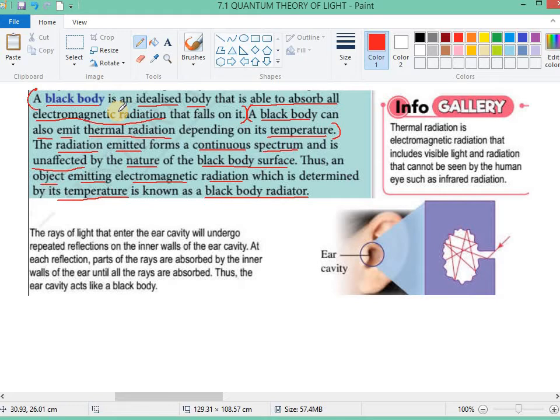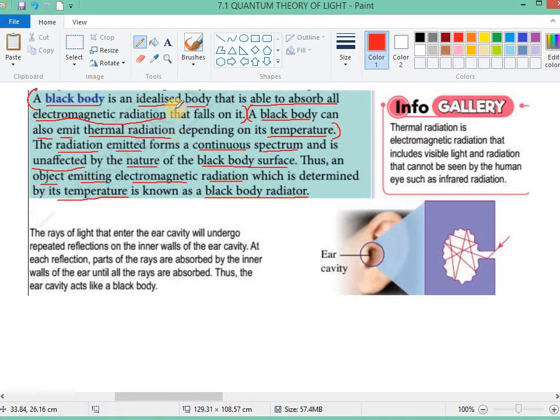So that is what it means when we say a black body can also emit thermal radiation. It's called thermal radiation because the radiation emitted depends on the kinetic energy of the particles inside the object. Higher temperature means particles oscillate faster, giving higher frequency.